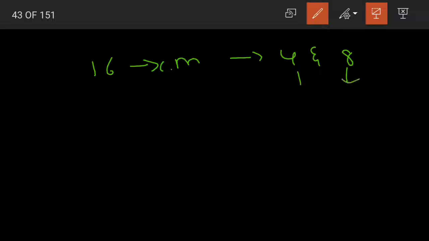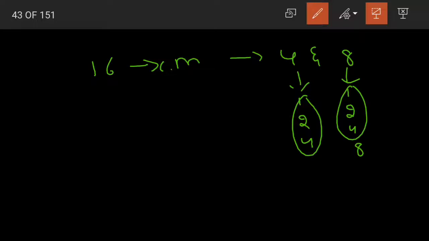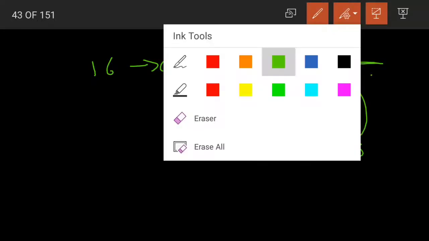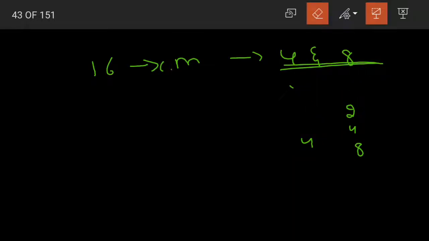Now if you look at the factors of 4 and 8, children, 1, 2, 4, and 1, 2, 4, 8. We are having the common factors here. Yes, 4 and 8 both have the common factors. Okay. Remember this point. What is that? That 4 and 8 have common factors.